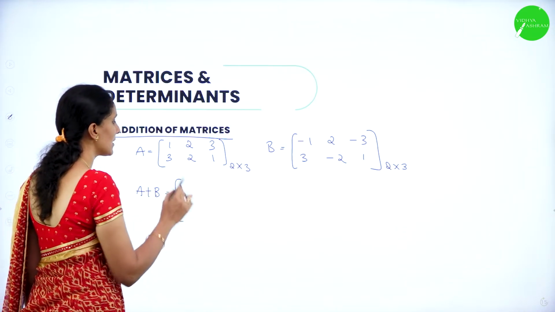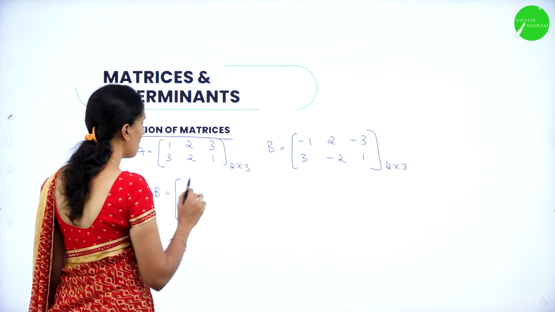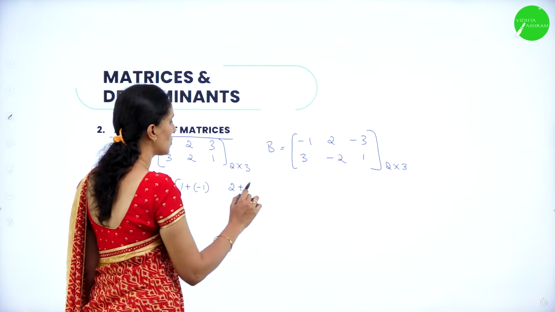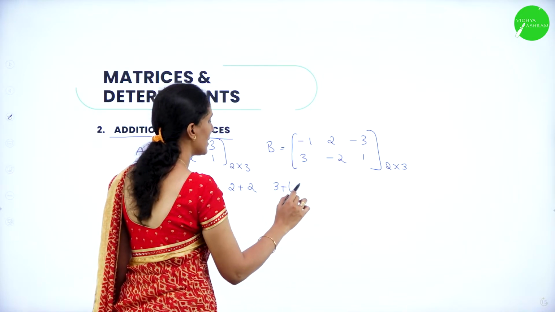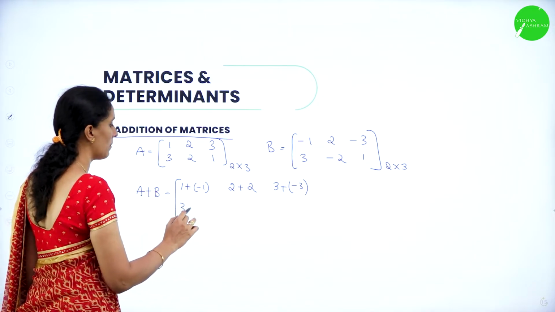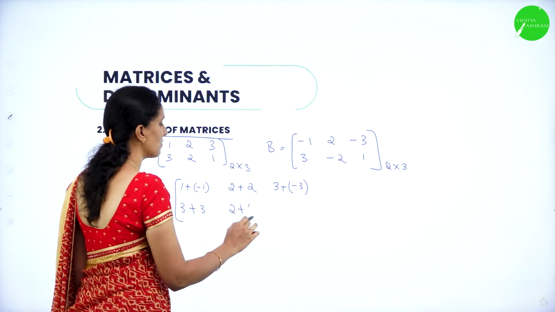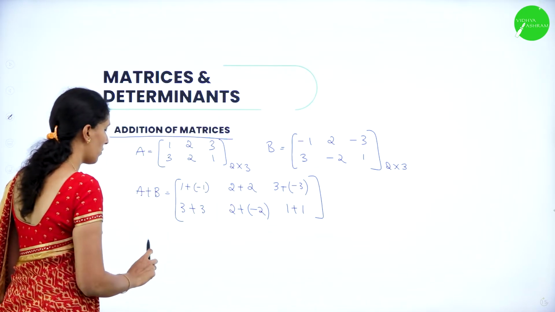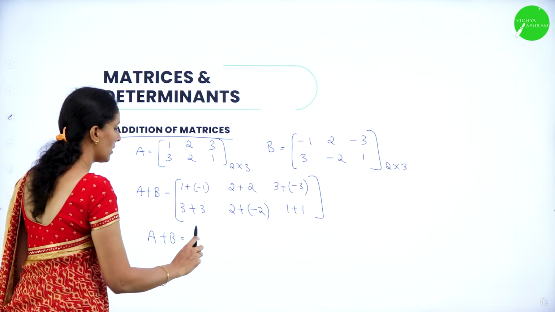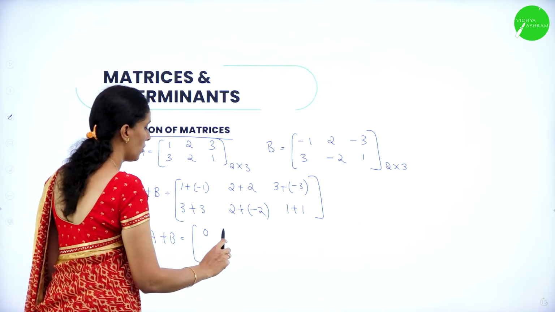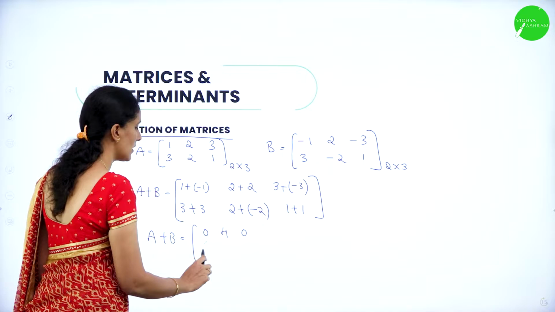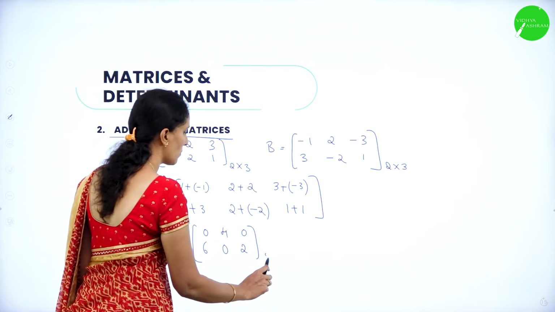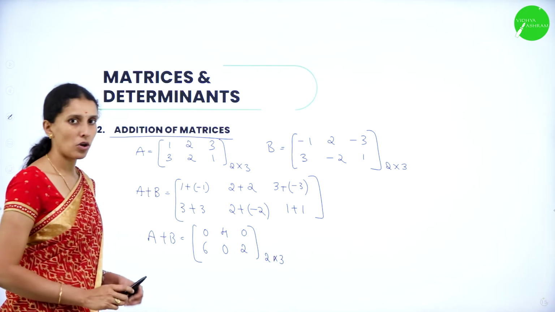A plus B is equal to: 1 plus minus 1, 2 plus 2, 3 plus minus 3, 3 plus 3, 2 plus minus 2, and last 1 plus 1. Therefore A plus B is equal to 0, 4, 0, 6, 0, 2, and the order of this matrix will also be the same, 2 cross 3.